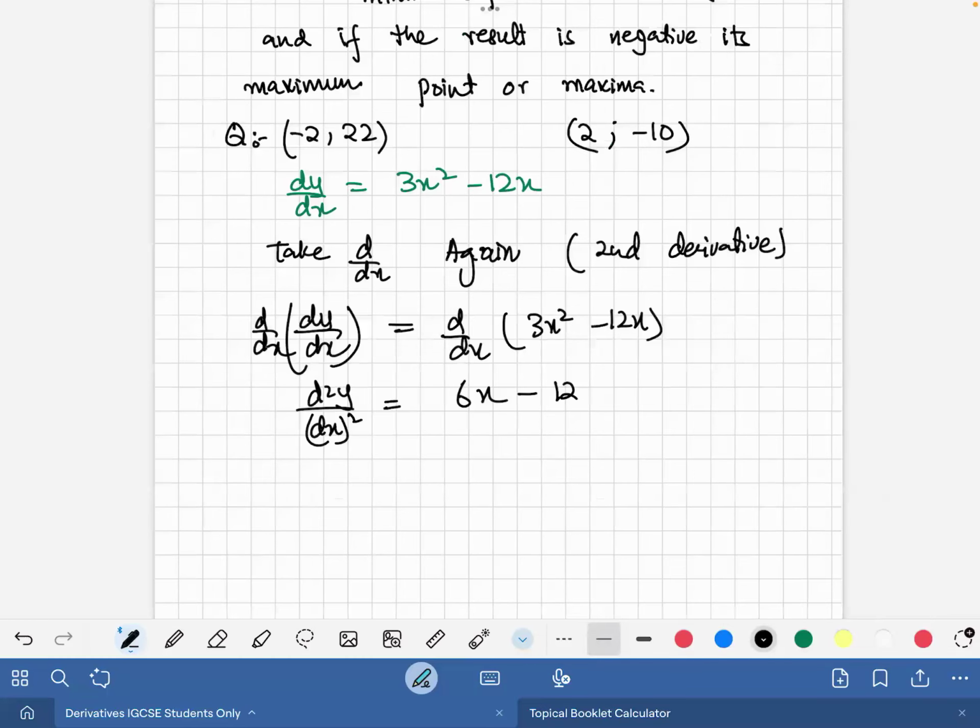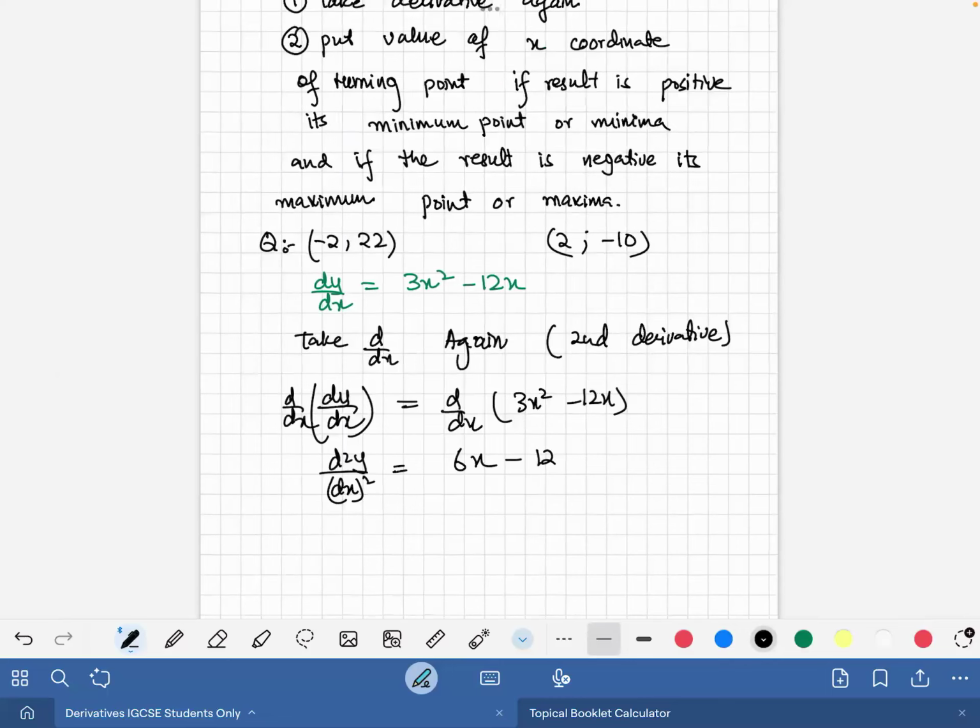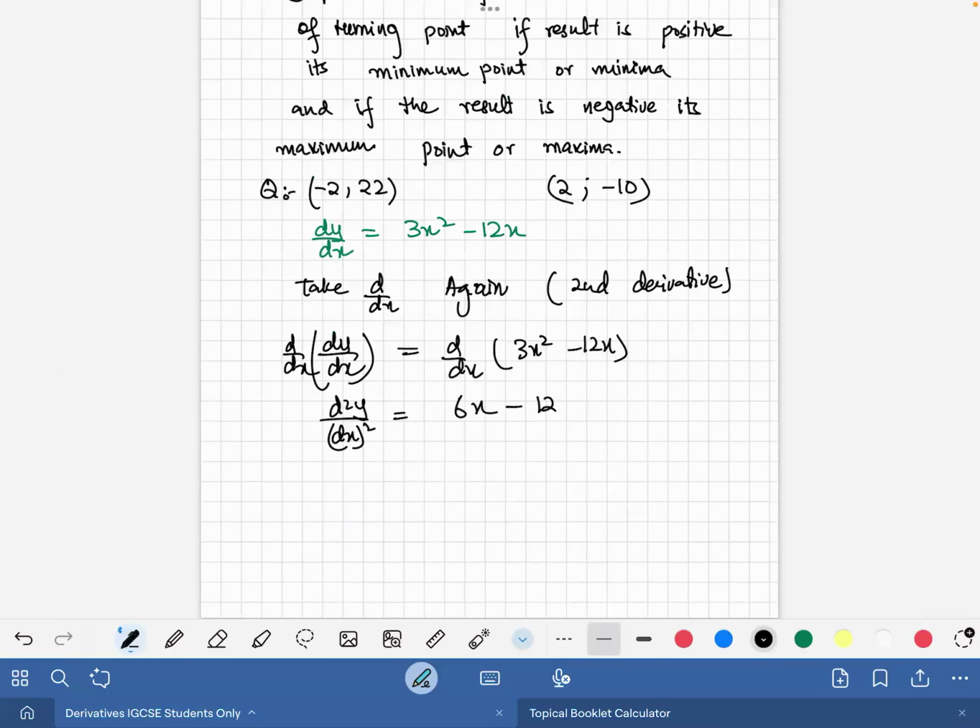Okay. Now, once you're done with the derivative again, put the value of x. Put x1 and see. 6x1, let's suppose x1 is -2: 6 into -2 is -12, minus 12 is -24.